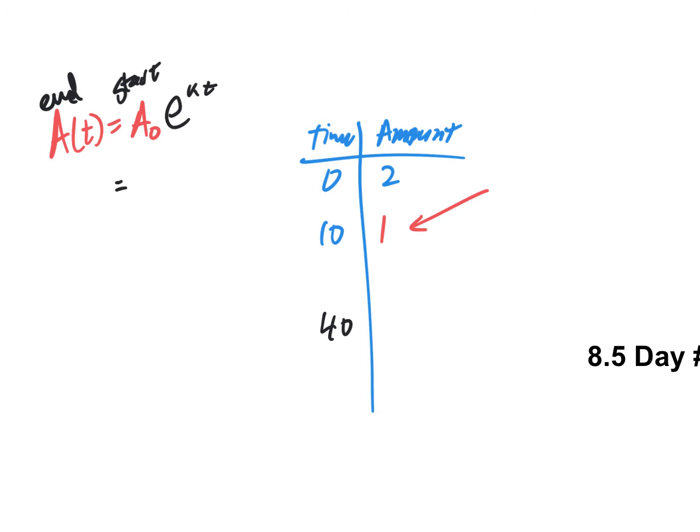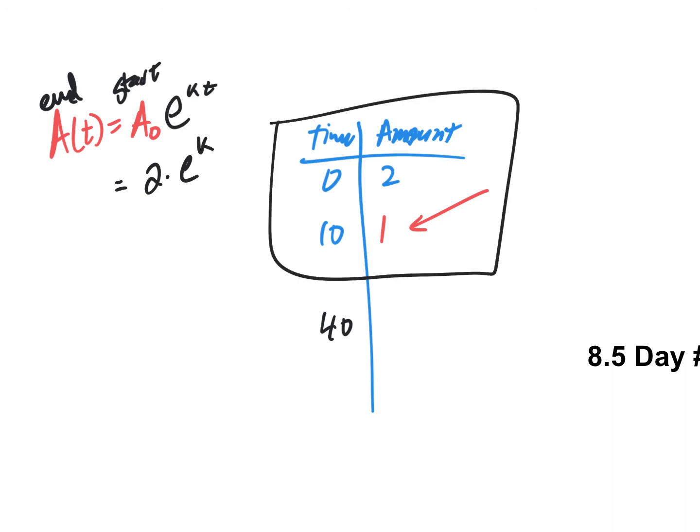So my starting amount was 2, e to the k, and my time in the first interval here was 10. The ending amount I got was 1. I divide both sides by 2. 1/2 equals e to the power of 10k.